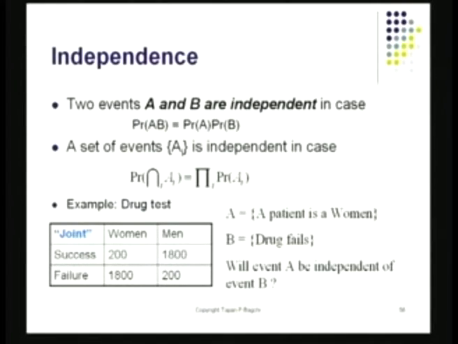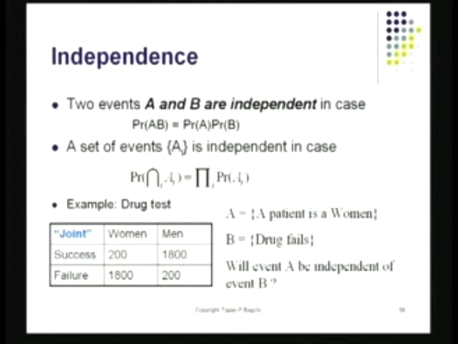So the drug was given to women and also to men who were sick, and in a certain number of times the drug was found to heal people, and in certain other cases they were found not to heal people, and the ratios are given here.